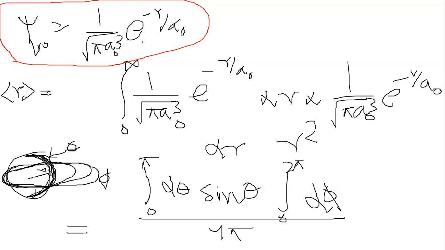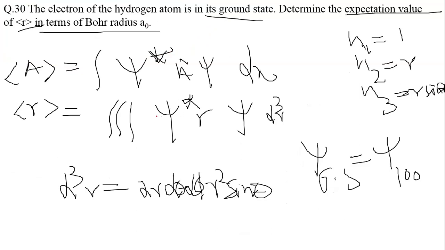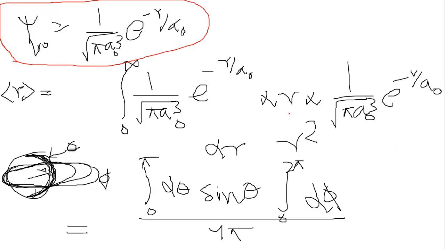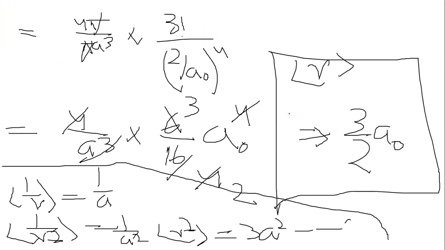So what you have to do there is put the given wave function value here and calculate. As here it is given that the atom is in the ground state, we know the ground state wave function and we put in its value. In this way you can solve different types of expectation values and calculate their values.